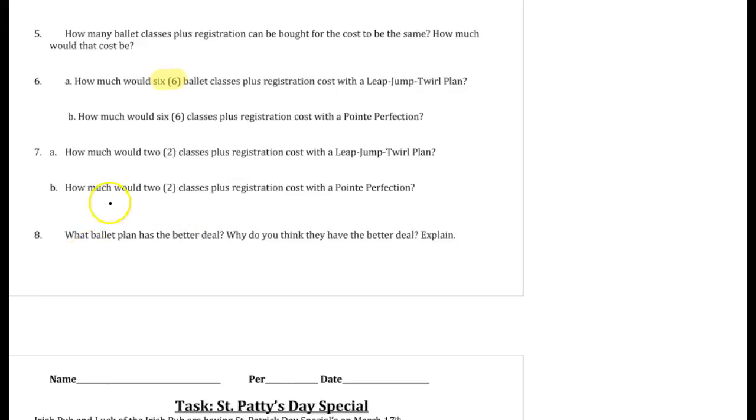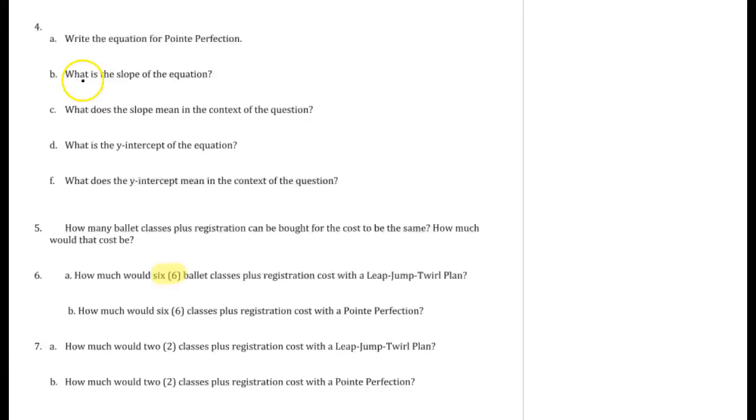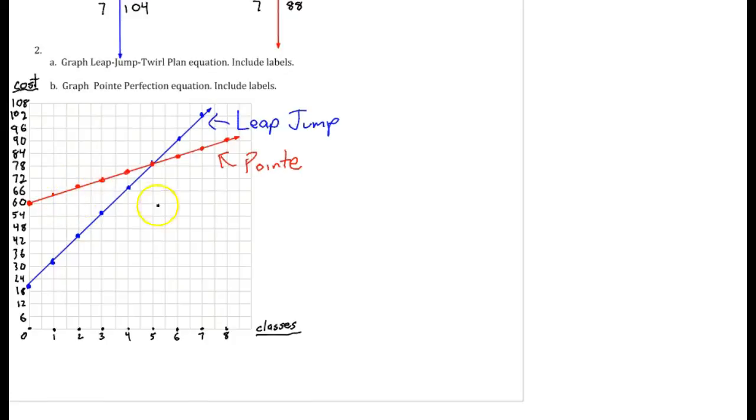You have to specify, for 0 to 5 classes, this one's a better deal, and then follow it up with, for 5 or more classes, the other company is a better deal. A better deal doesn't mean just one, unless one of the graphs was entirely underneath the other graph the whole time, then we know that one's always a better deal.